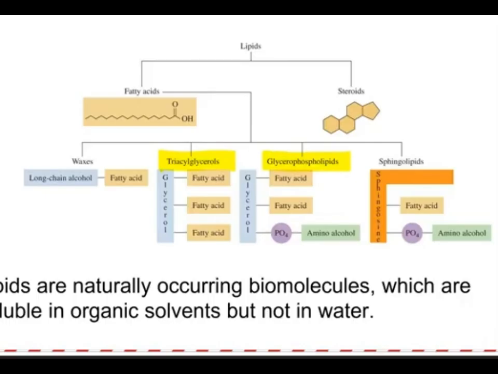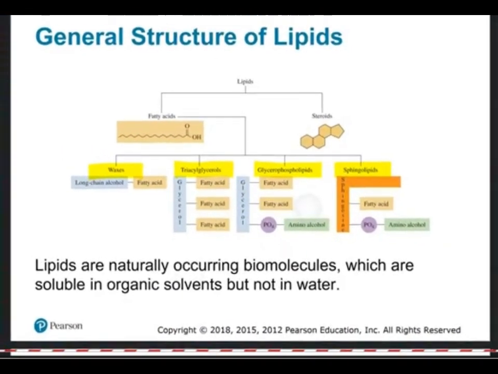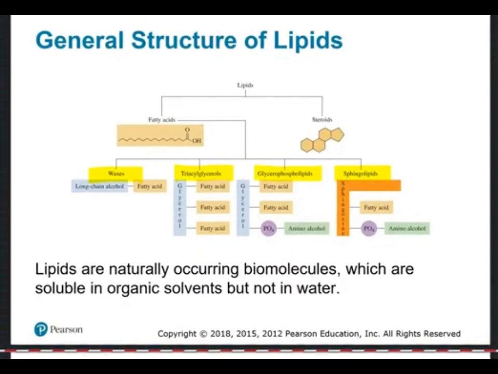These are substances that form cellular membranes. Sphingolipids, also found in cell membranes, and waxes, which you encounter all the time when you look at plants, for example. They're very often covered with a waxy hydrophobic coating.